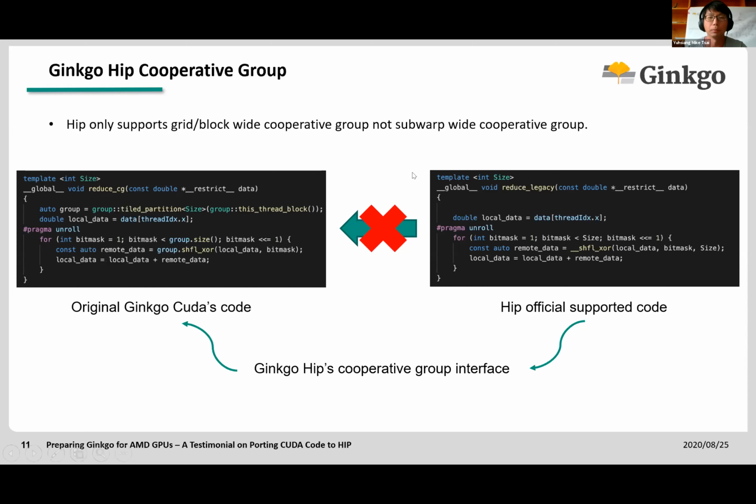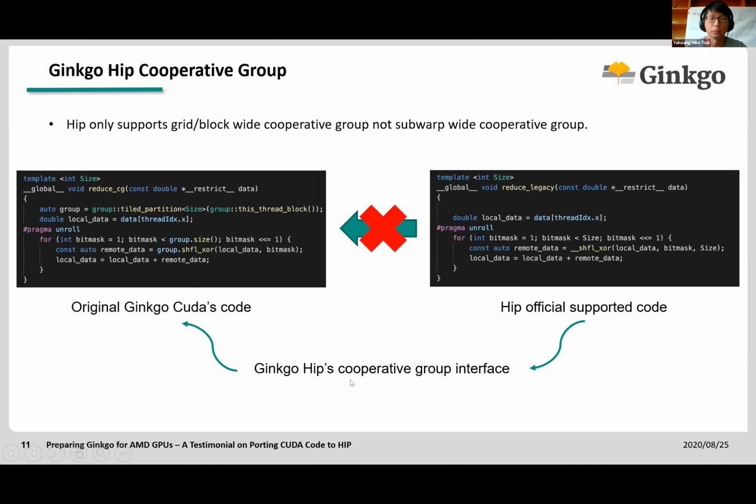But HIP does not support sub-warp groups, and we use them a lot. In official HIP support, we need to call lane shuffles or some warp functions. But in Ginkgo CUDA code, we usually just use the cooperative group code. So we cannot directly convert the code from HIP to CUDA. So we implement the Ginkgo HIP cooperative group interface to support the functionality we need from cooperative groups in HIP.